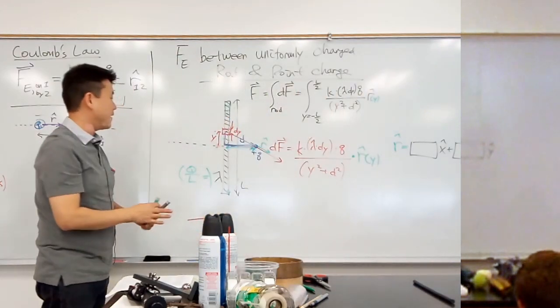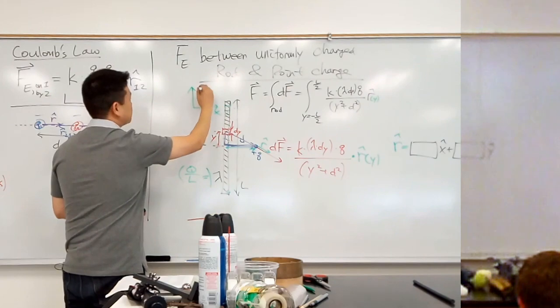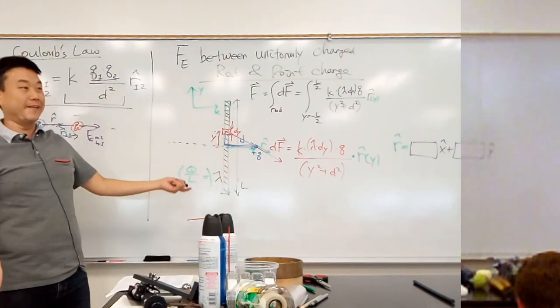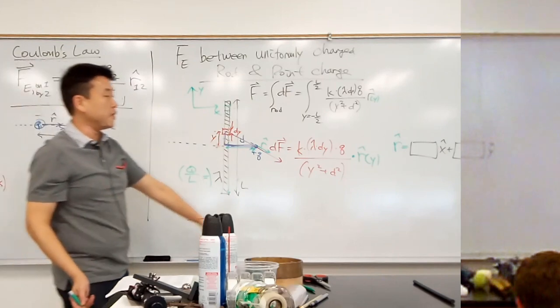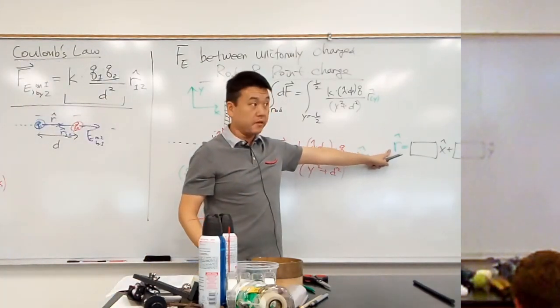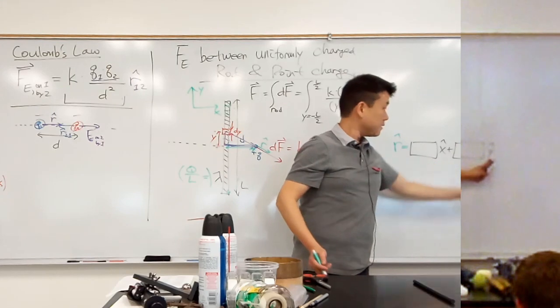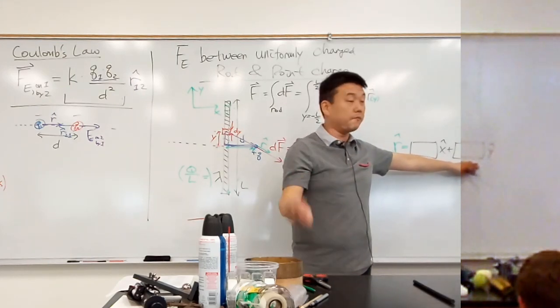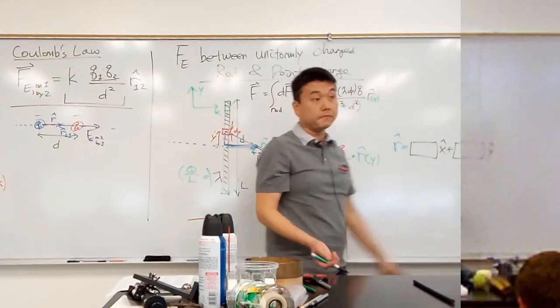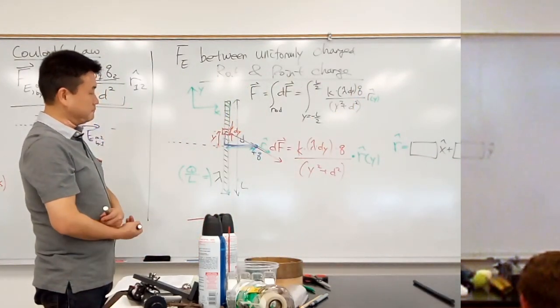That means I need to define my axis. Let me define it the normal way, x and y. Let's not be creative here. So that's my axis, and I have to express r hat in terms of these two constant unit vectors. The parameters that go here are going to be how it's a function of y. So it's an exercise that you need to go through.